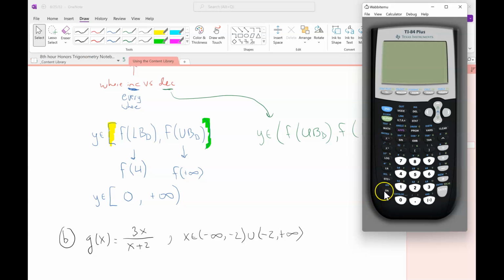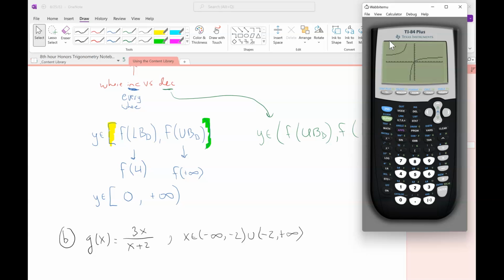Okay. So just like before, I'm going to start by looking at the graph. So I notice something very different is going on here, right? What do I notice that's different about this graph versus the previous one?